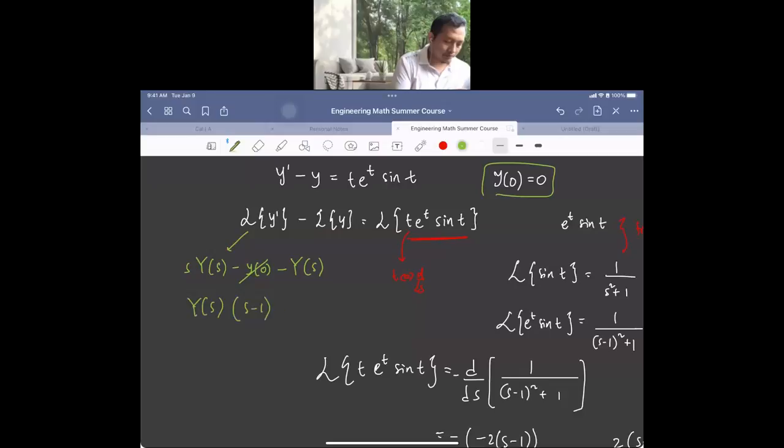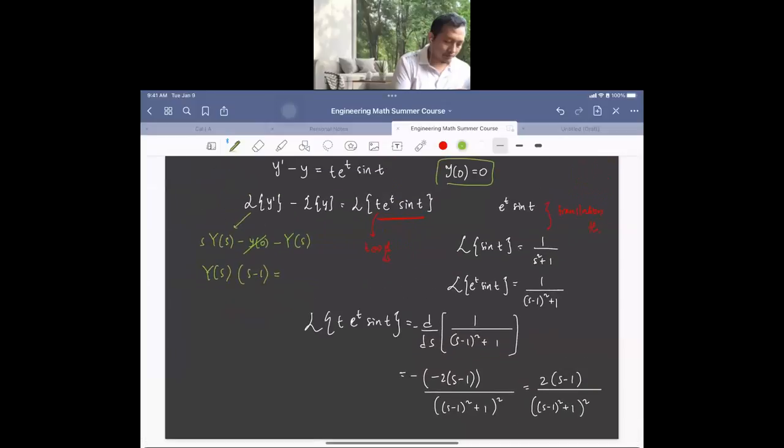Okay, and then the right part is 2(s minus 1), and then still we have (s minus 1) squared plus 1, squared.